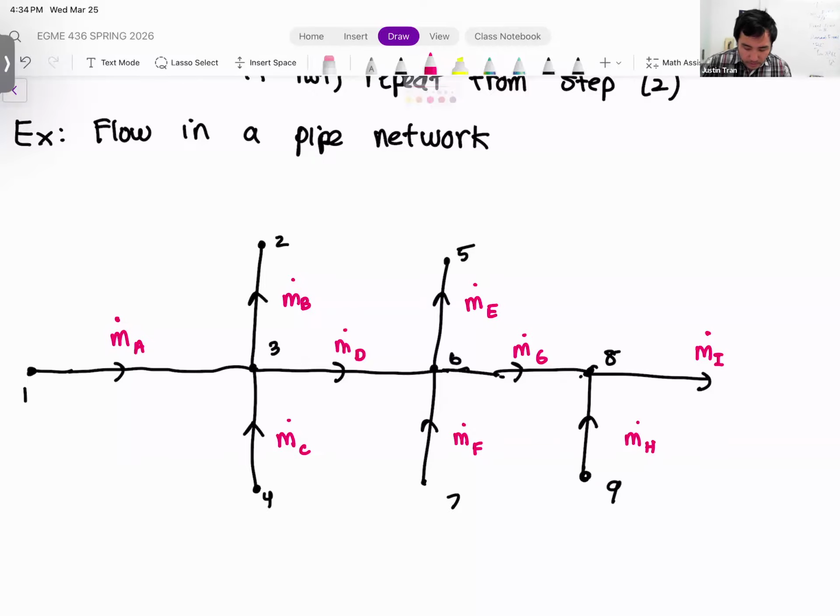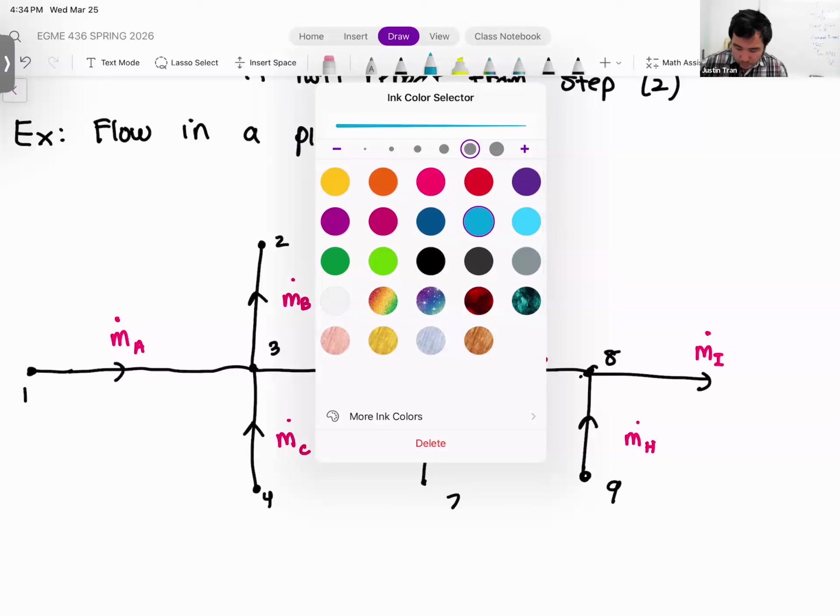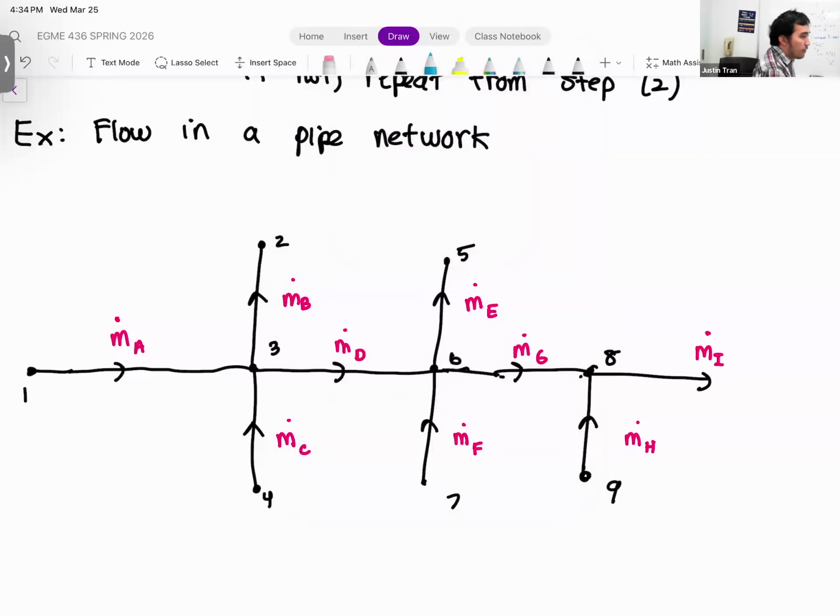All right. And then in addition to this, we are going to define the pressures at each of the nodes. Okay, so at node 1 on the left-hand side, we're going to have a pressure P1 of 400. Node 2, we're going to have a pressure of 350.